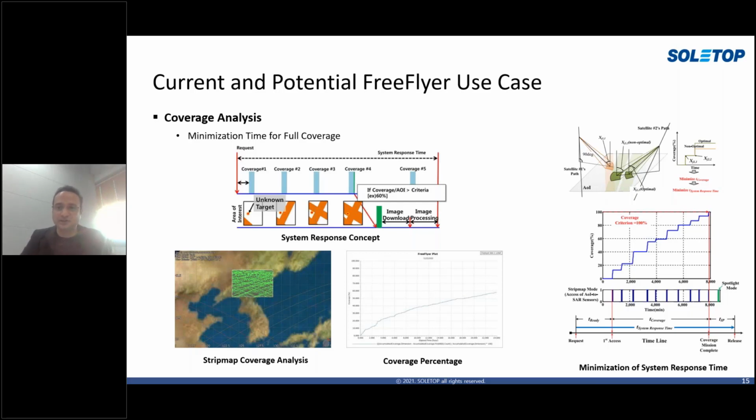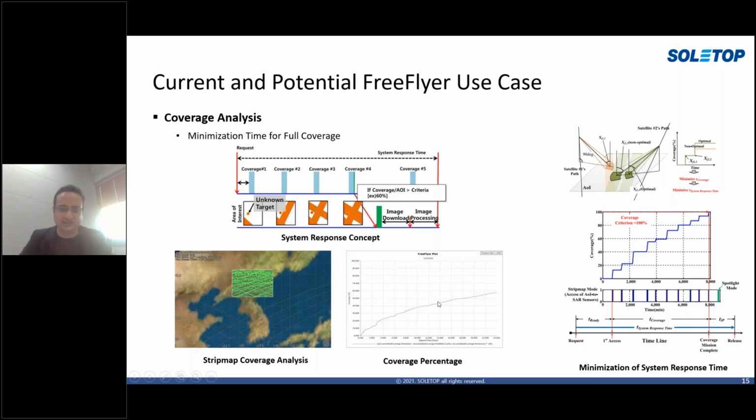As you can see on the right, there has been a lot of different analysis being carried out using concepts of area of interest, and developing algorithms and implementing them using FreeFlyer. So this is one of the most important parts of the Korean space implementation right now, to minimize the passes and time for full coverage of the satellite imagery.